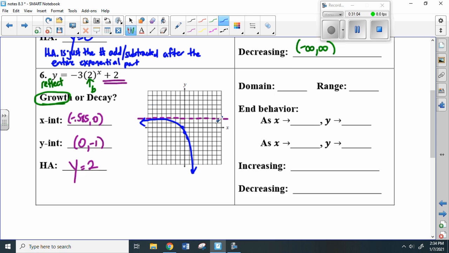Well, I know that it's below the asymptote, but that doesn't change the domain because it still goes from left to right, from -infinity to +infinity, and it's decreasing that entire time. So those actually should match. Now, the range is definitely different because now I'm below the asymptote.